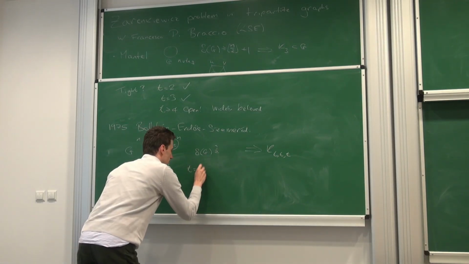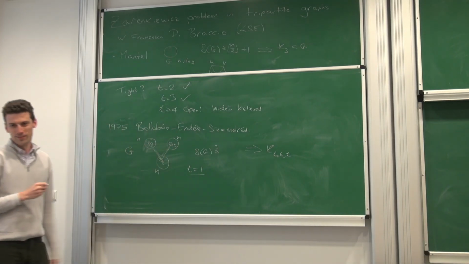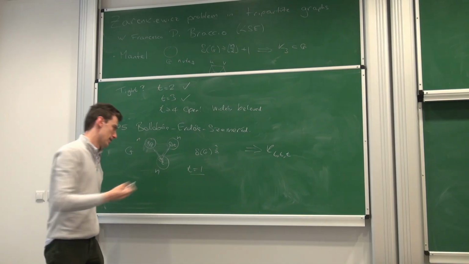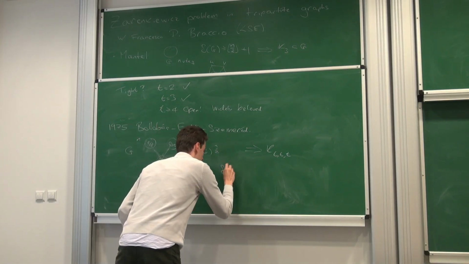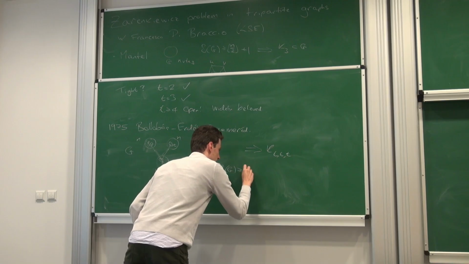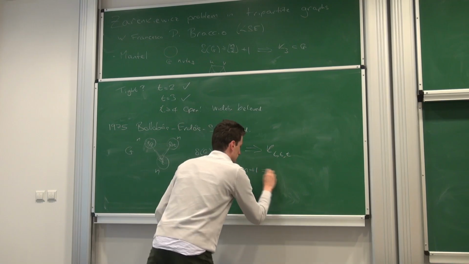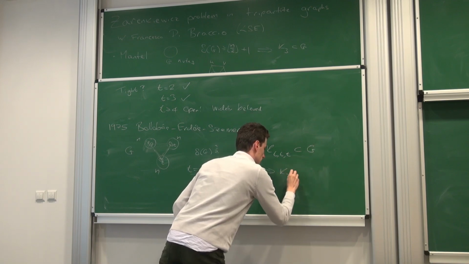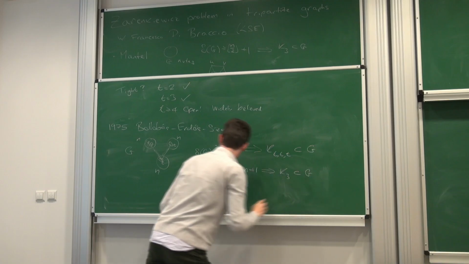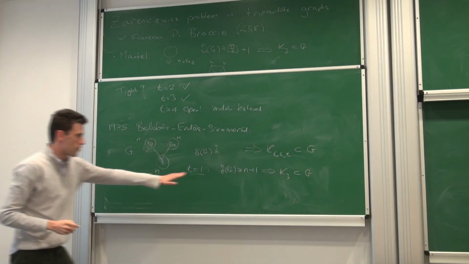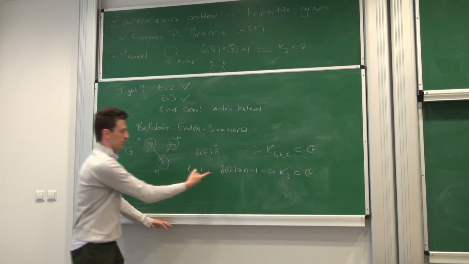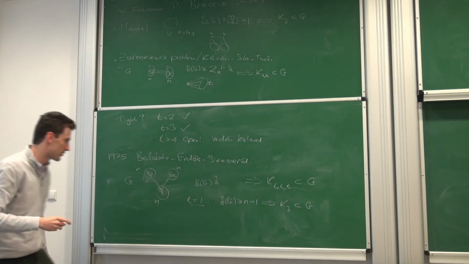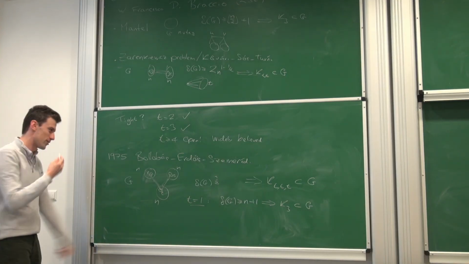Let's just do the baby case, t equals 1. That's just asking what minimum degree gives me a triangle. And they showed this, and I'll give you a proof later. The proof is not as trivial as Mantel's, but it's cute. If you're bored, think about it. I'll give you a proof later.